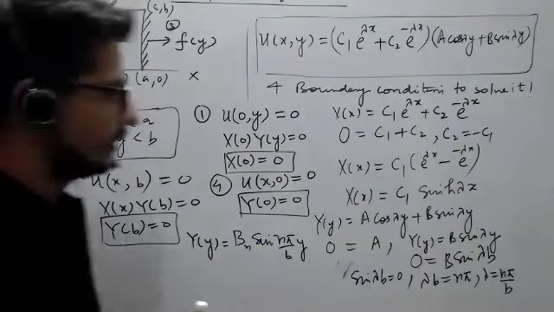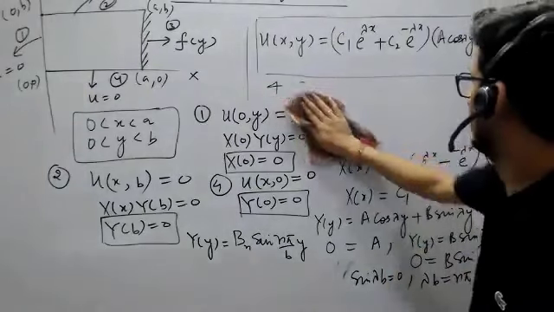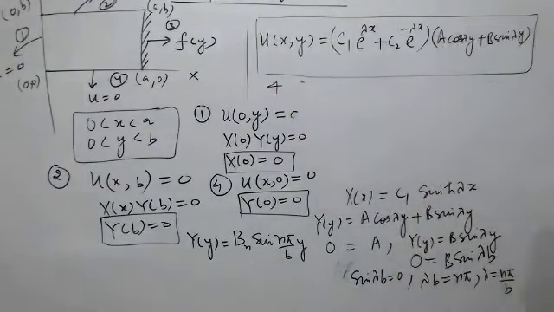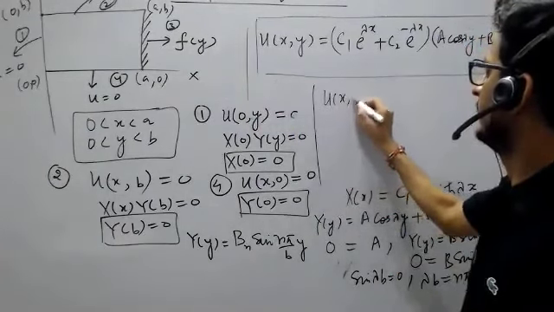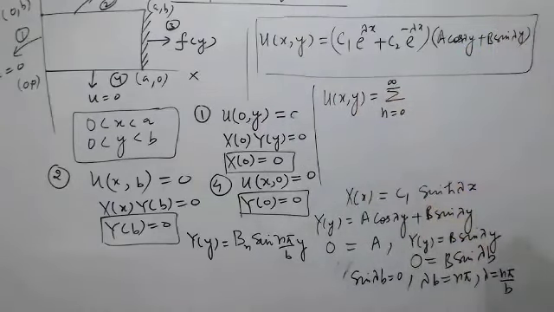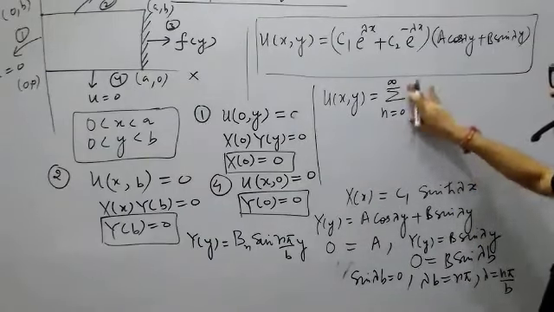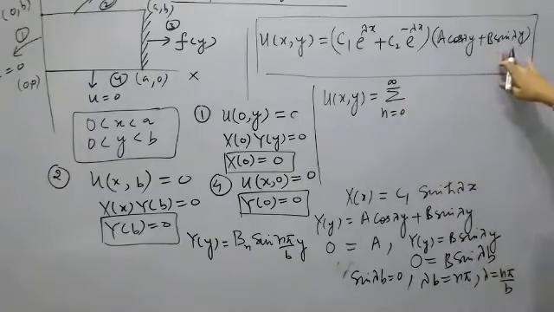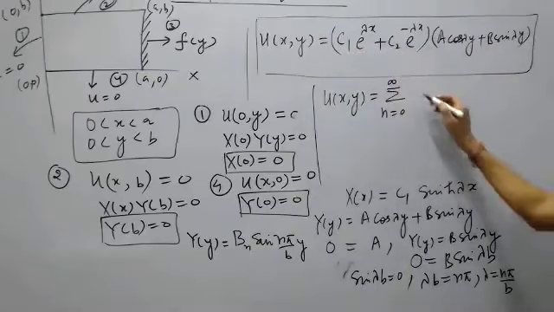Now, if this is clear up to here, I will erase this and now I will write that u(x,y) will become, because I will have to take all the linear combinations, so it will become this, and A has become 0 and B has become Bn. B will be multiplied to both of these.